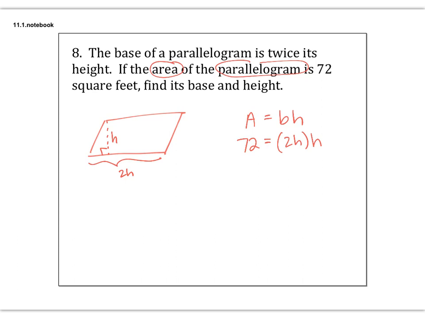Let's see if we can simplify this. 72 can stay by itself for now, but h times h is actually h squared. Then we can divide by 2. So we get 36 equals h squared because these 2's cancel out. And then we can take the square root, and h equals 6.